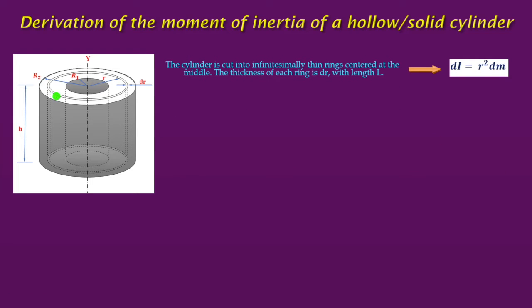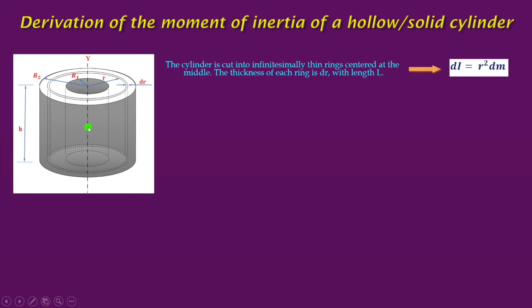So for this ring, we can write the moment of inertia di equals r square dm, which you have already calculated for a ring. For the entire thin cylinder, this equation holds good, because the distance of any point of this thin cylinder from the axis remains r.